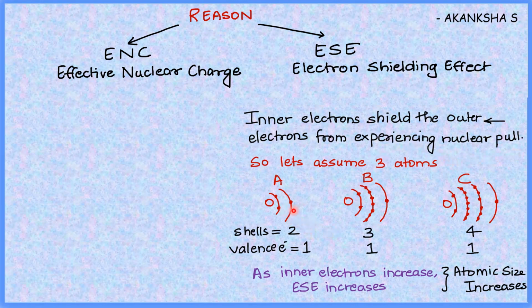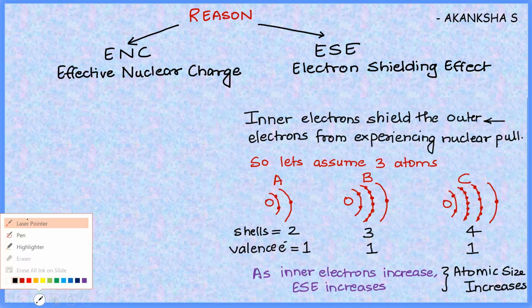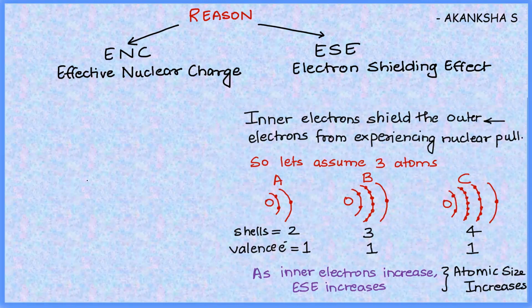For this, we'll take an example. A, B, and C, three atoms over here. The first atom has two shells. The B atom has three shells. The C atom has four shells. Now we need to know that whenever we write the configuration, these are nothing but orbits, right?